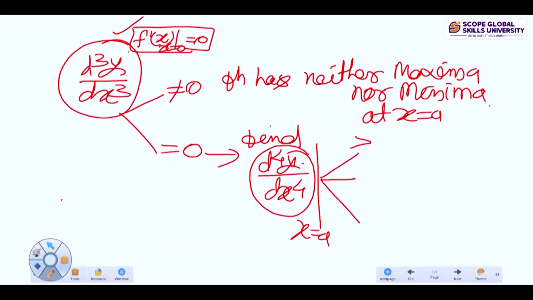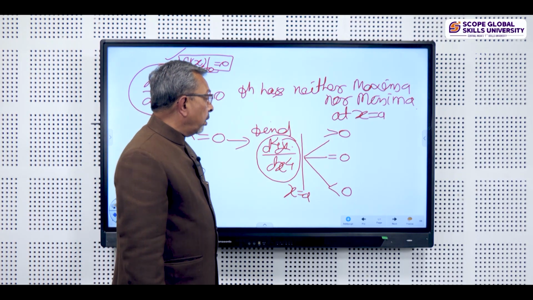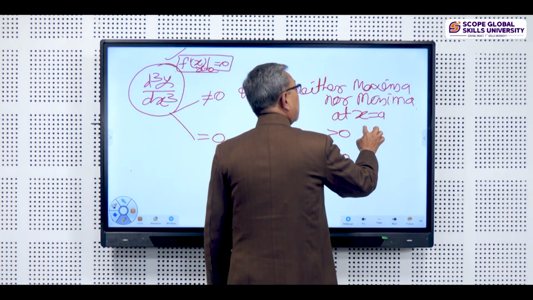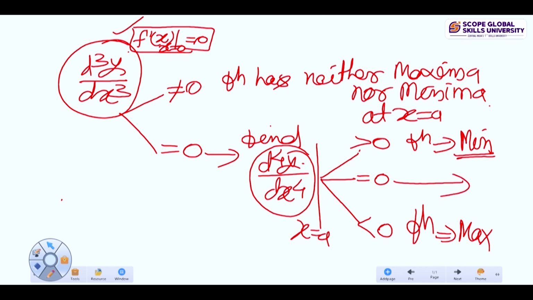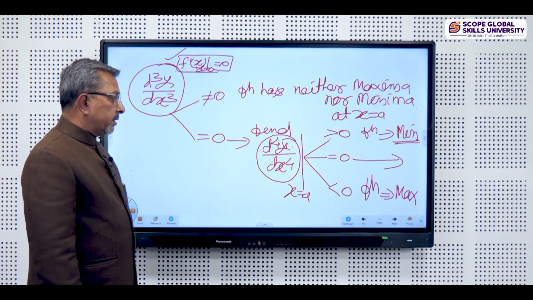That means, if it is greater than 0 or equal to 0 or less than 0, means positive or 0 or negative. In case of negative, the function has maxima. In case of positive value, the function has minima, and in the zero case again a higher order test is required.